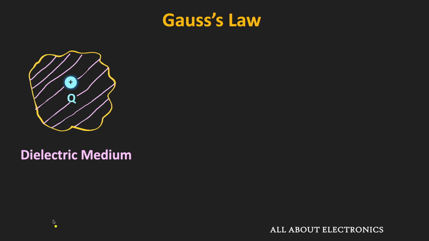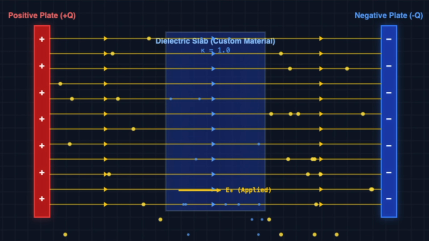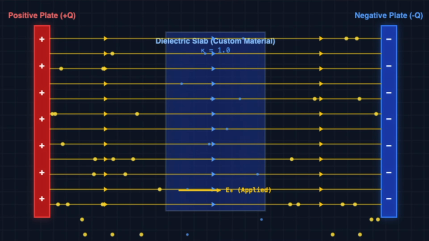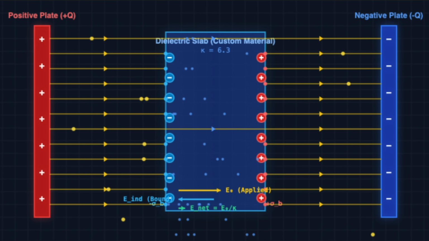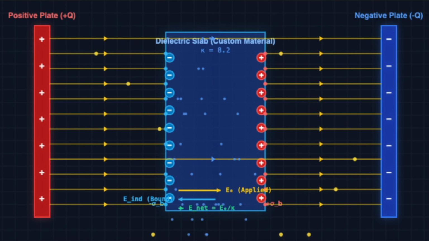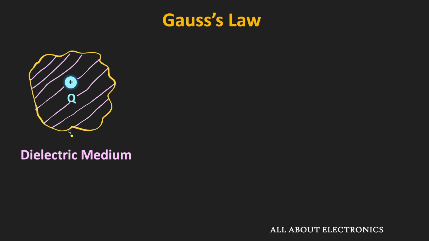So inside the dielectric medium, when we apply the electric field, then it induces the polarization. And due to this polarization, it creates the bound charges. So due to these bound charges, this effective electric field inside the medium will reduce. That means in this dielectric medium, suppose we put some free charge, then the electric field due to this free charge that is observed at any point in the dielectric medium will be lesser than in the free space.